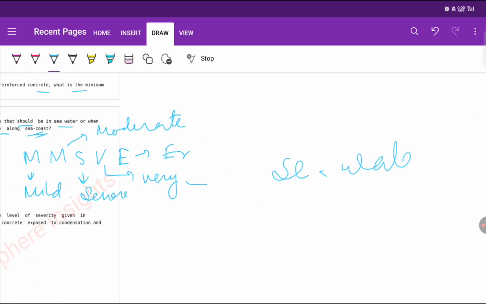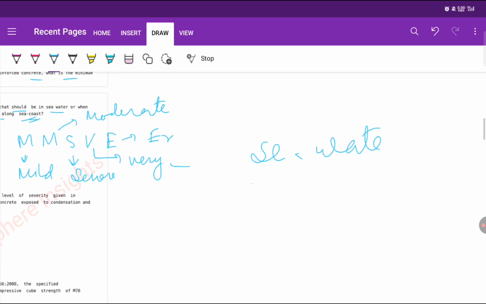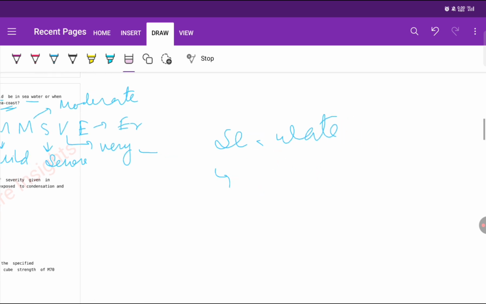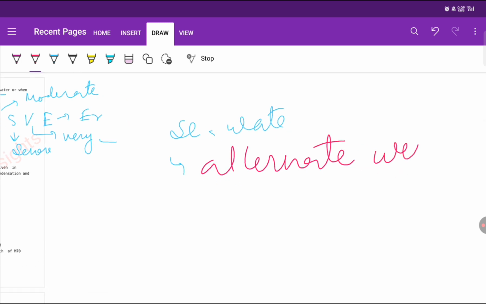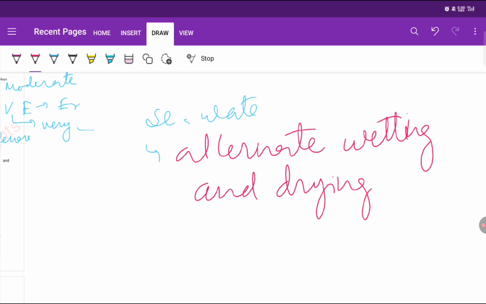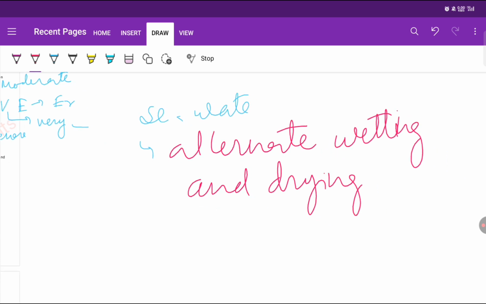If there is sea water, then we call it very severe. If there is alternate wetting and drying, then that exposure is also called very severe.